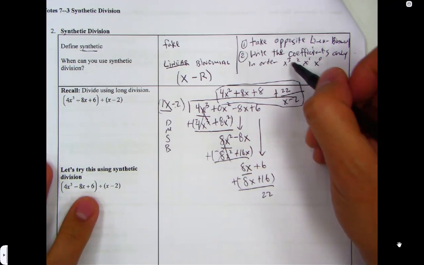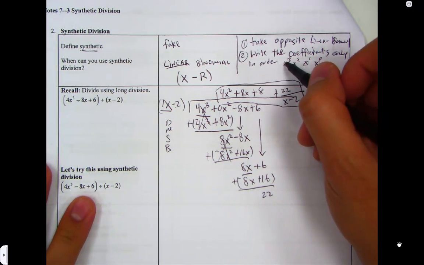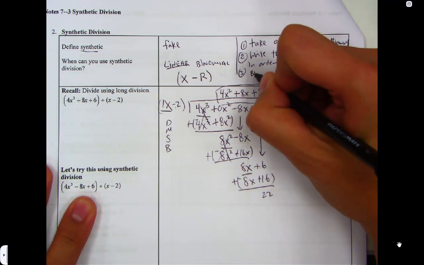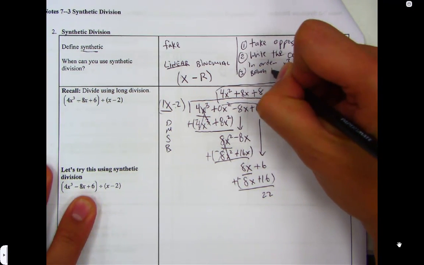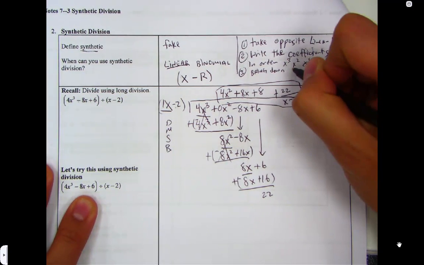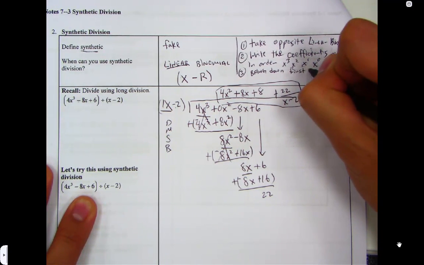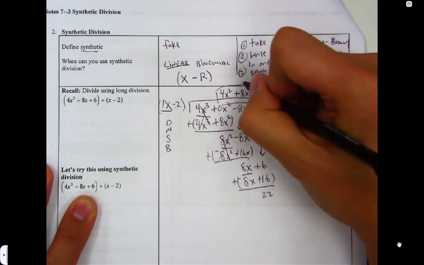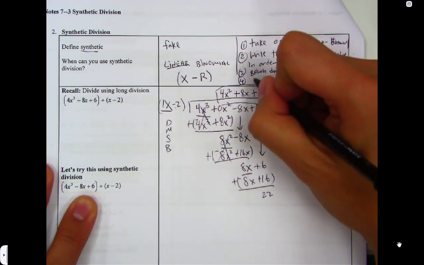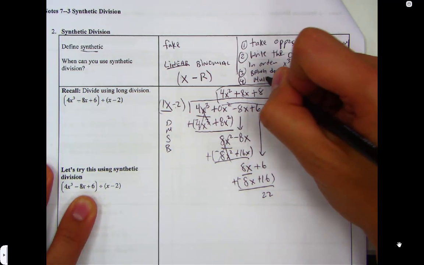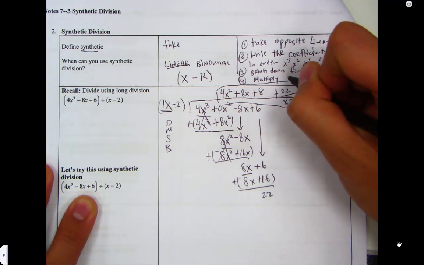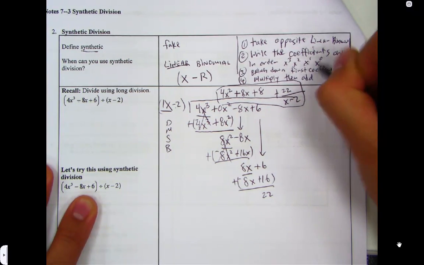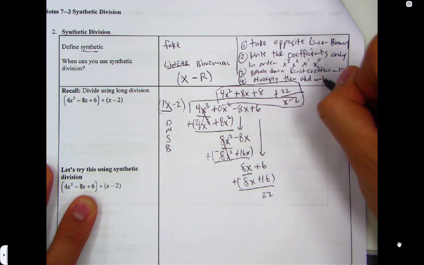Just the numbers in front of these x's. Third, bring down the first coefficient. Fourth step is to multiply and then add until you're done.